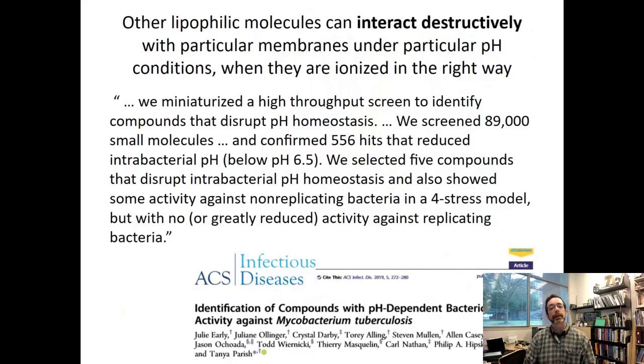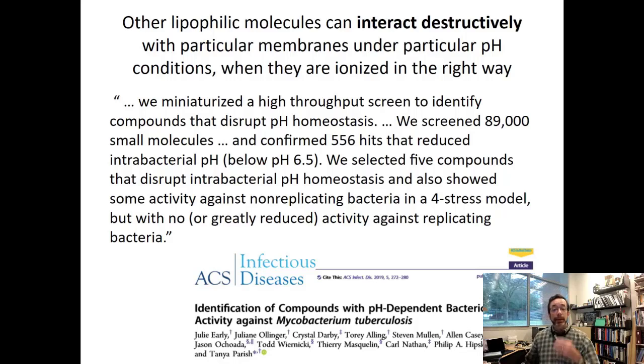And so with that, I'm going to give you another couple of examples of interesting interactions of pH with membranes and drugs. Okay? There are a class of drugs that can actually dissolve in the membranes and disrupt the membranes, and these can be pH dependent.